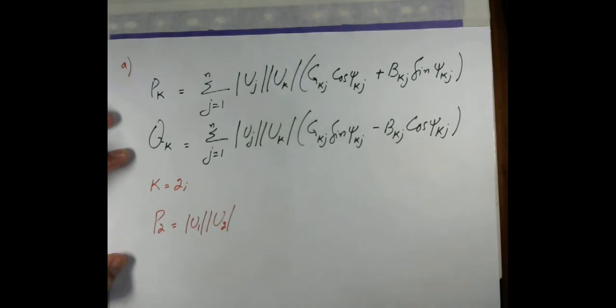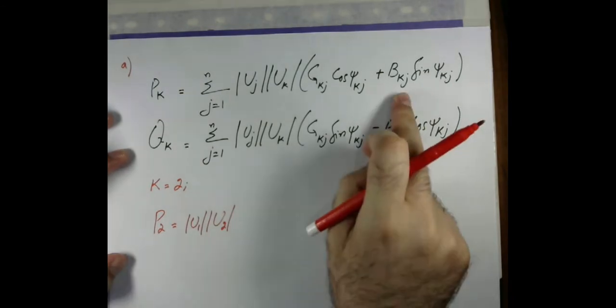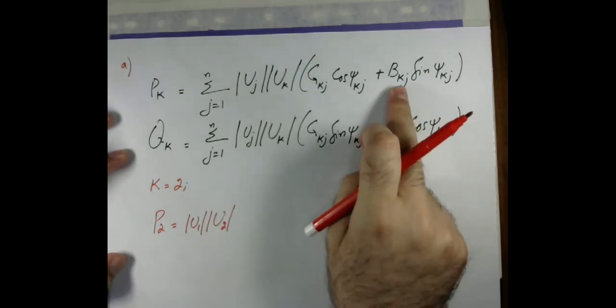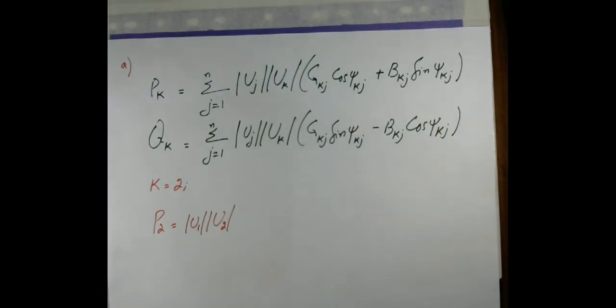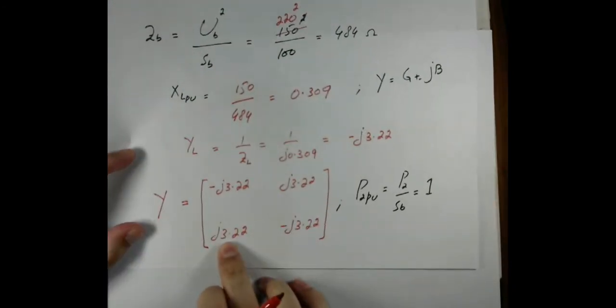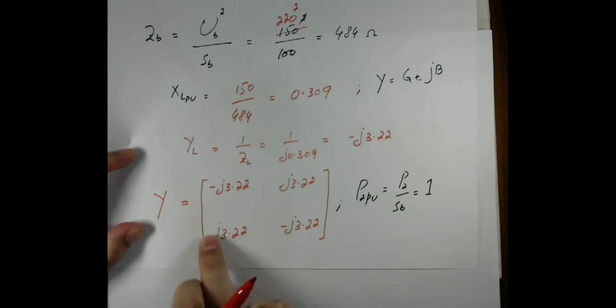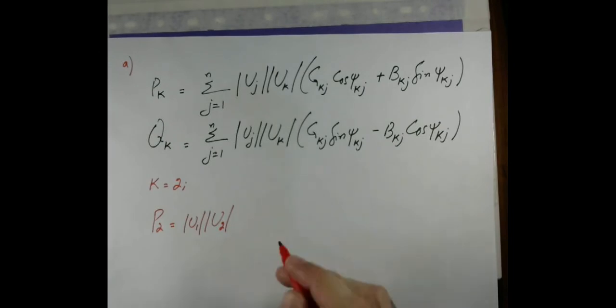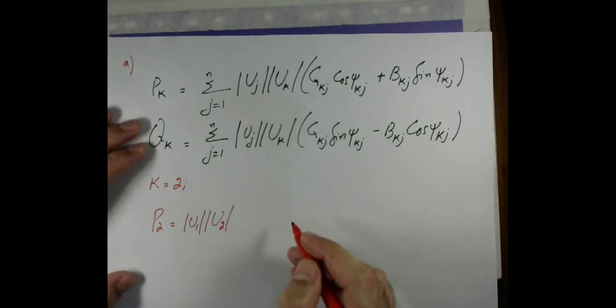As I mentioned, we need the bus admittance matrix in the beginning, because we determine that value from the bus admittance matrix. So b21 is the first element in the second row, which is 3.22.